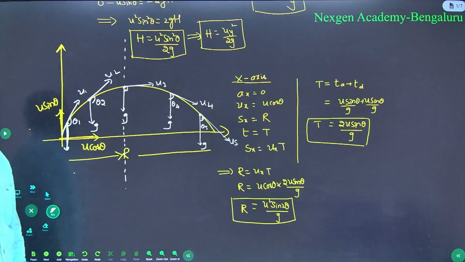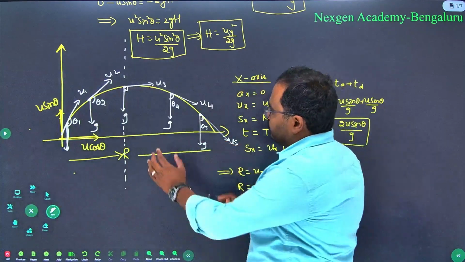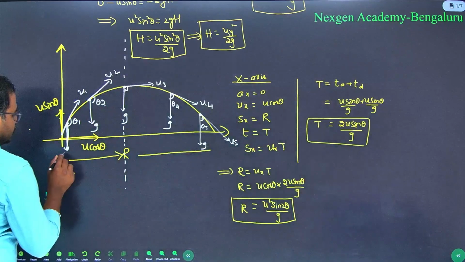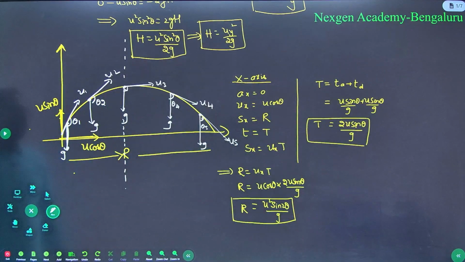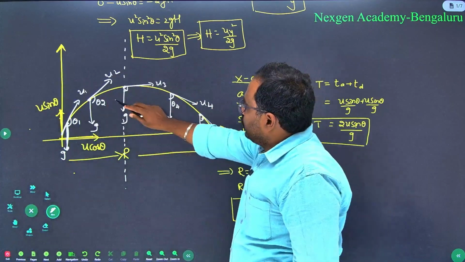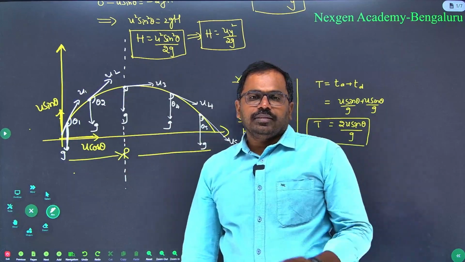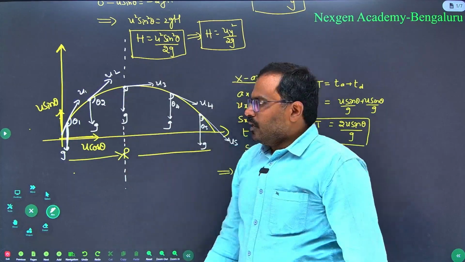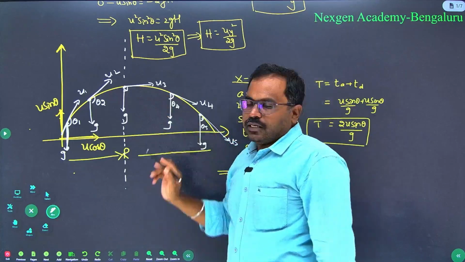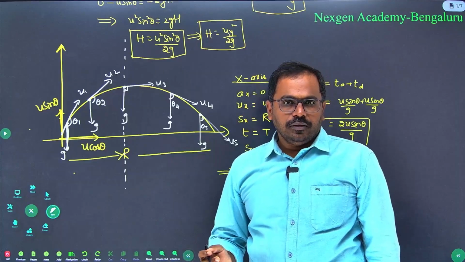So if you observe this diagram carefully, here we have first half. First half means during ascent, the acceleration and the velocity, these two are subtending an angle more than 90, obtuse angle, and here also obtuse angle, means the angle between velocity and the acceleration is more than 90 degrees. At the maximum height, if you observe, angle between velocity and acceleration is exactly 90 degrees, means velocity and acceleration are perpendicular to each other.